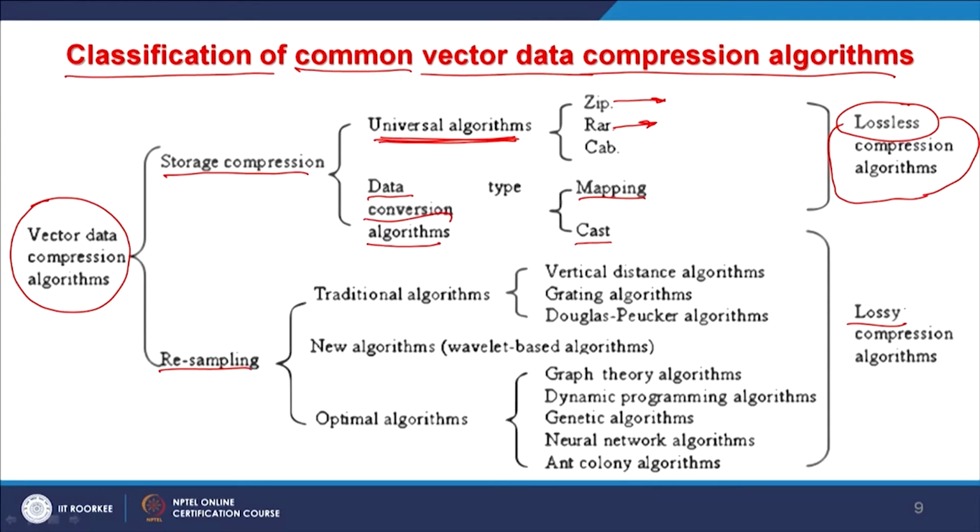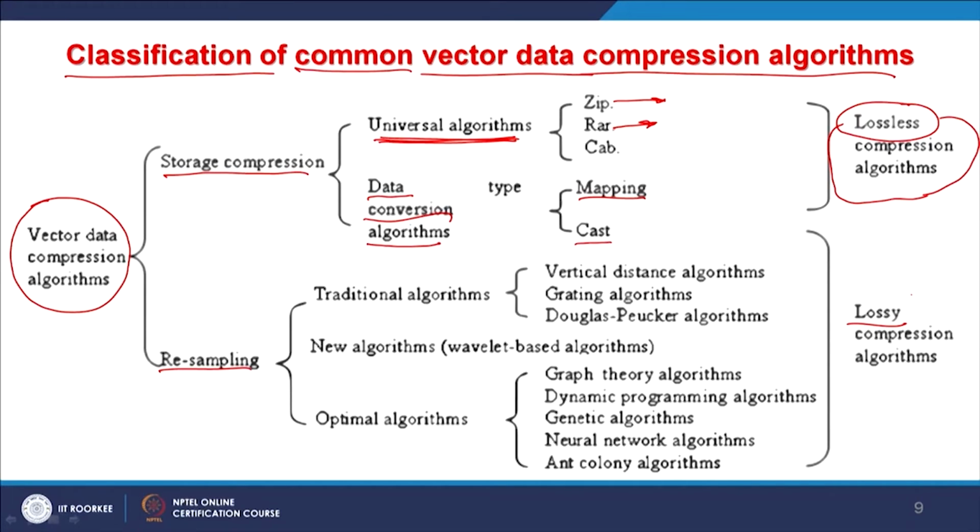So, before choosing any compression technique, make sure that it is lossless, unless you have a backup of the original data and you do not care about the quality of the data because of certain purposes. If you just want to send it to somebody, and quality is not important, then you can go for lossy compression techniques.